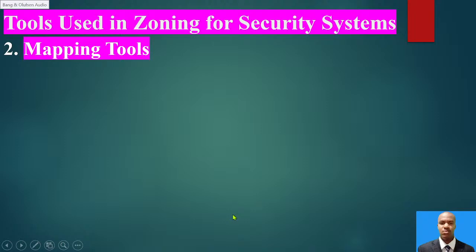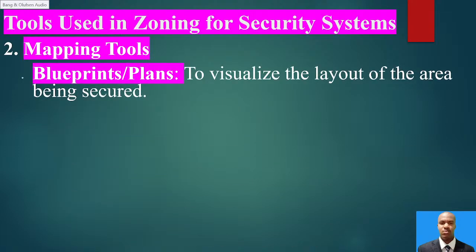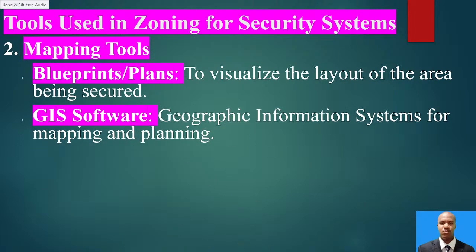Then we have the mapping tools. These are simply used for mapping the area. We have the blueprints and site plans to visualize the layout of the area being secured. Then we have the GIS software, that is Geographic Information Systems, for mapping and planning.